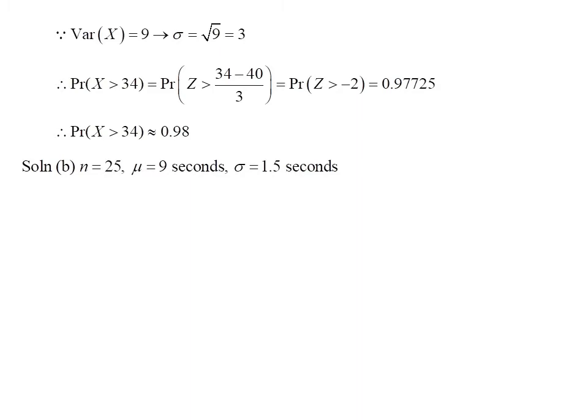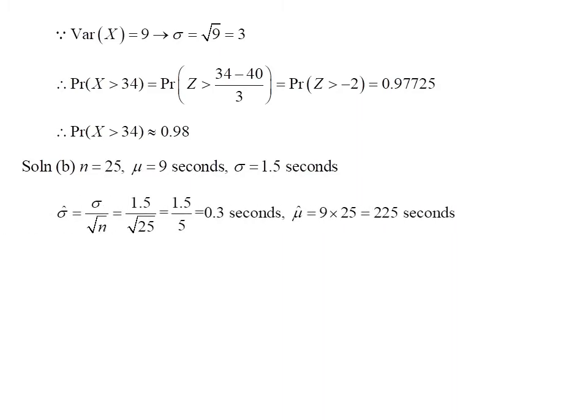Meanwhile, its standard deviation of making each cup of coffee remains 1.5 seconds. Hence, the sample standard deviation is sigma over the square root of n, which equals 1.5 over the square root of 25, which equals 0.3 seconds.